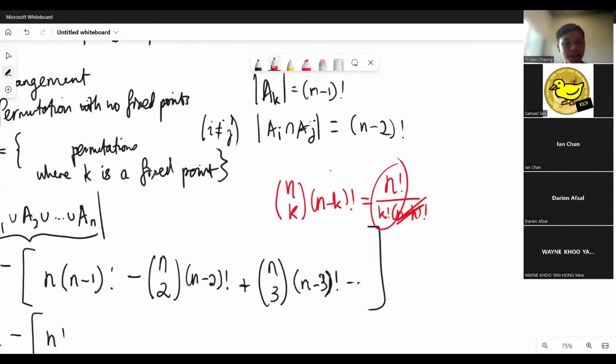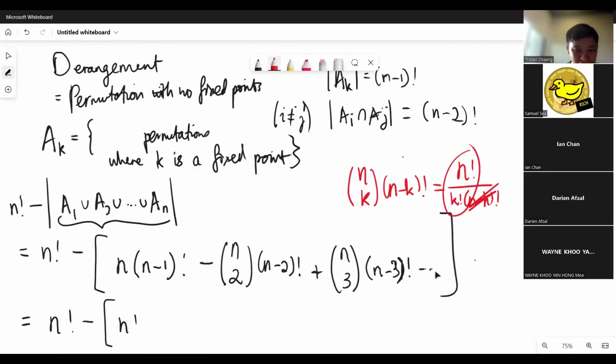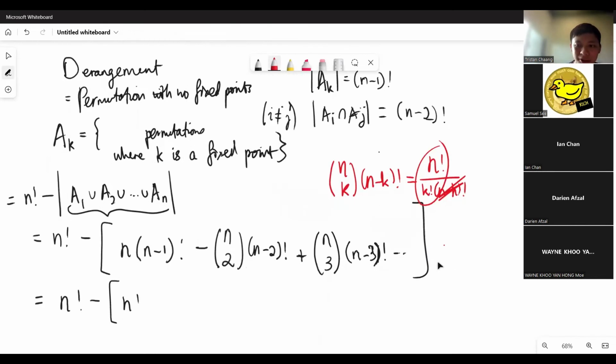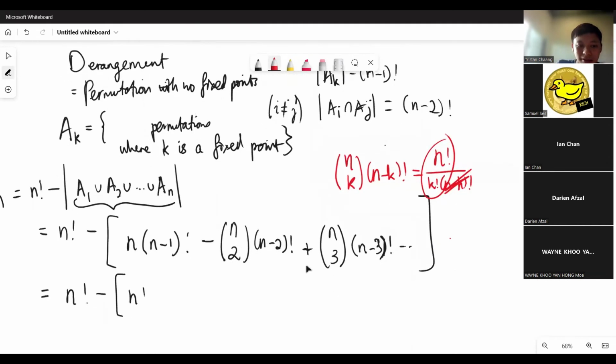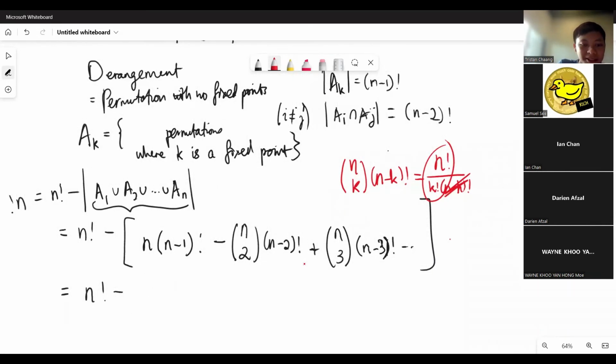We're just left with n factorial over k factorial. Therefore, let's just factor out n factorial. Then we get 1 over 1 factorial minus 1 over 2 factorial plus 1 over 3 factorial, and so on, until the last term, which I'm lazy to write, but I think it's something like this.